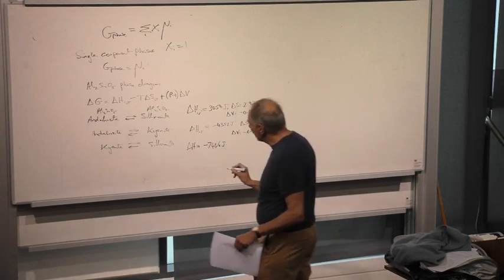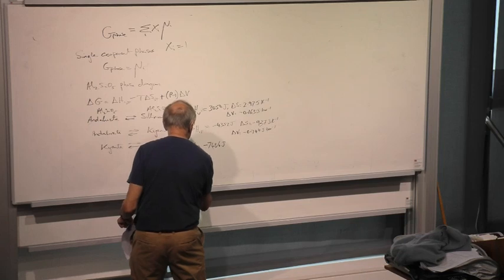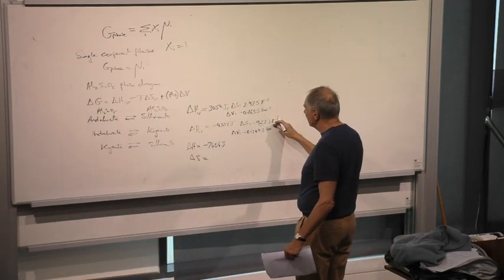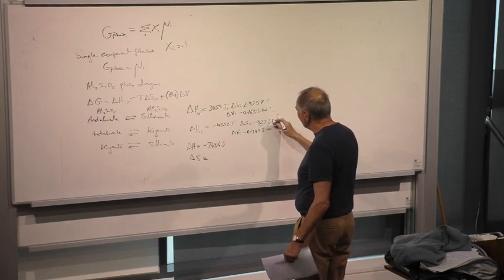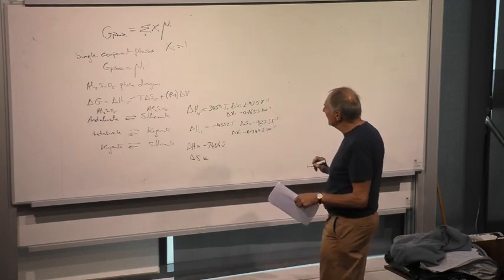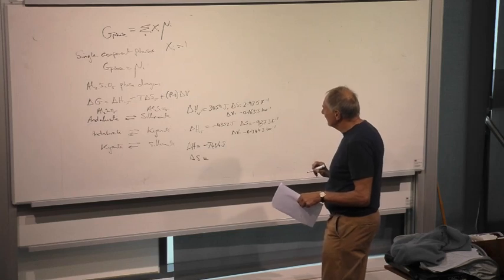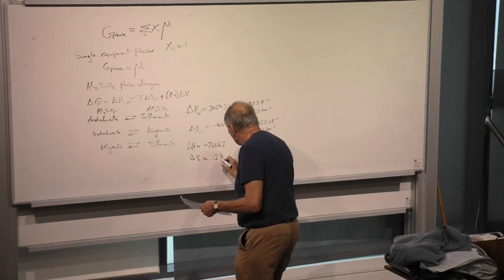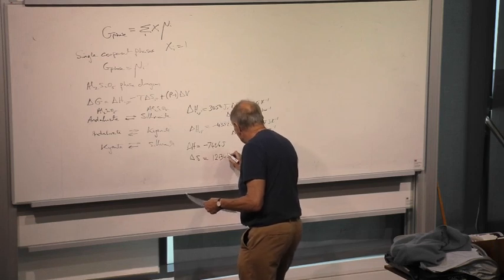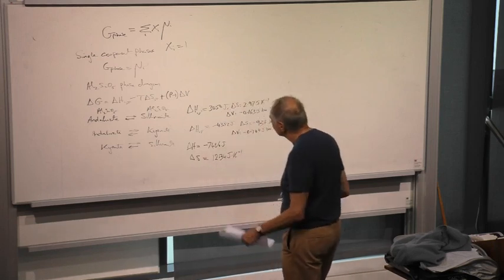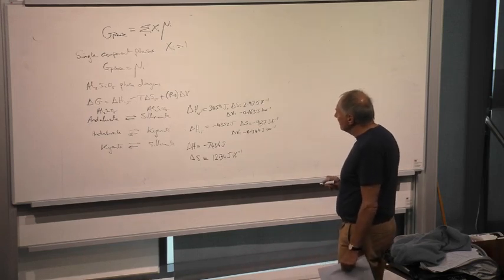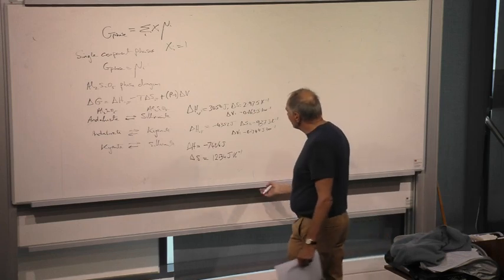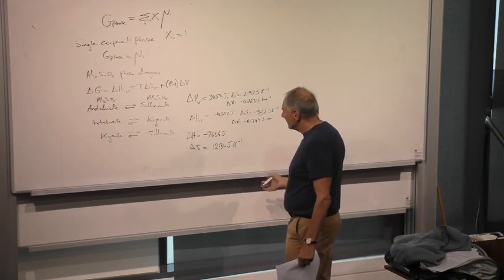We do the same, we use Hess's law to get delta S. So it's this one minus that one. So it's 2.97 minus 9.37, which is 12.34. And thirdly, then we take this one from that one. So it's minus 0.163 plus 0.744.